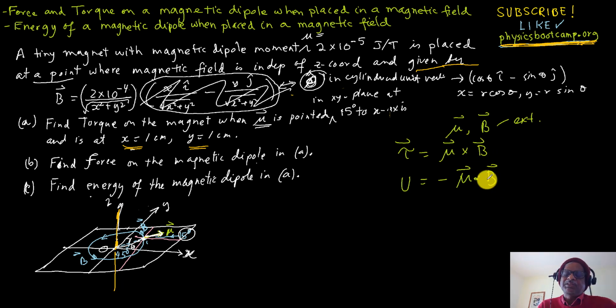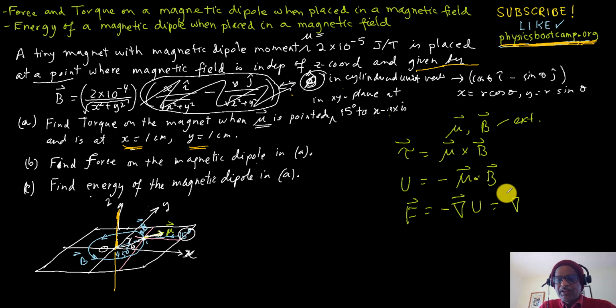This is very similar to what happens with an electric dipole, right? And force will simply be minus del of U. As you know, if you know the potential energy, you can take a derivative and get the force. So these will be the formulas that you will need.